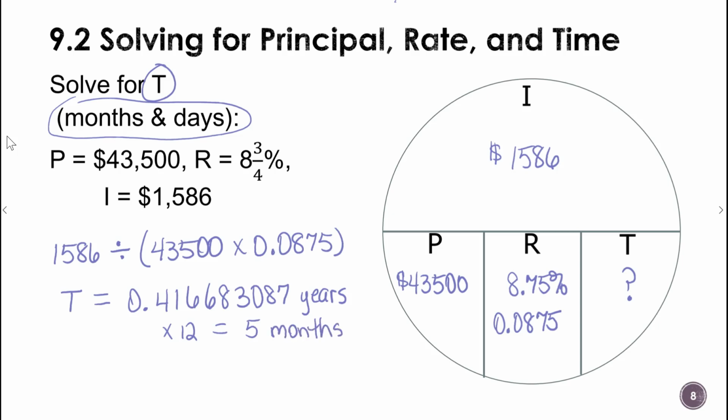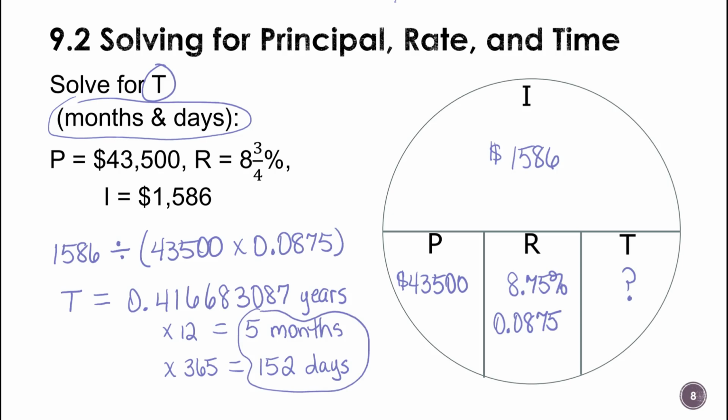We're just rounding that. And if it's days, we multiply by 365, and it's about 152 days. It's okay to round those to whole numbers. So these are actually our answers for this particular question.